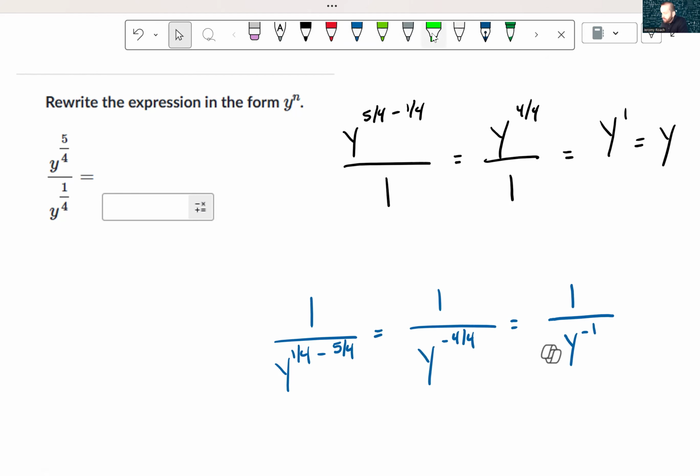And we can do sort of the same thing here. Let's bring this up here to make it a positive exponent. We can do over the line, change the sign again. So now this is y to the 1 over 1, which just equals y.